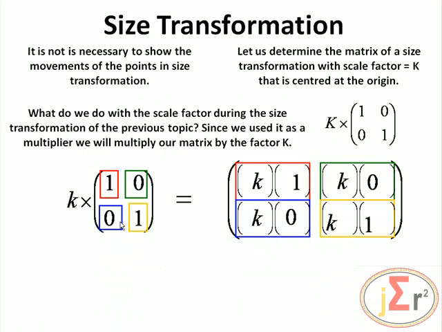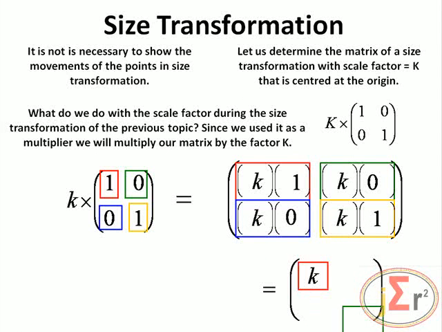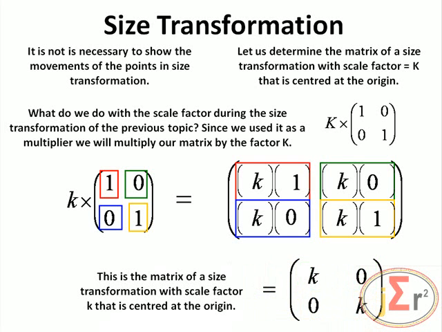As usual, do not forget scalar multiplication of matrices. And that is your answer. So this is the matrix of a size transformation with scale factor k that is centered at the origin.